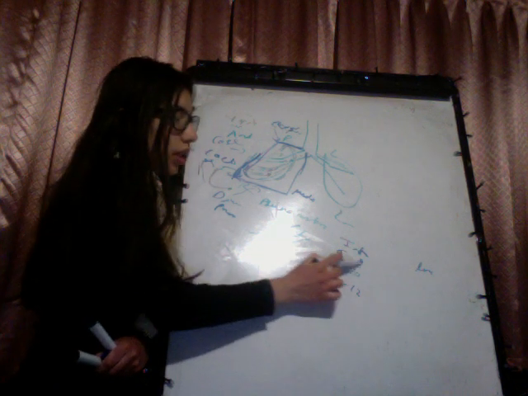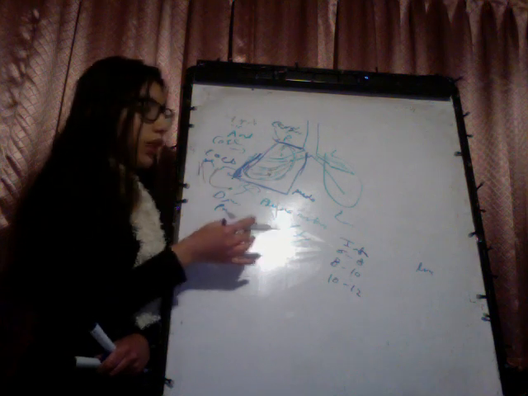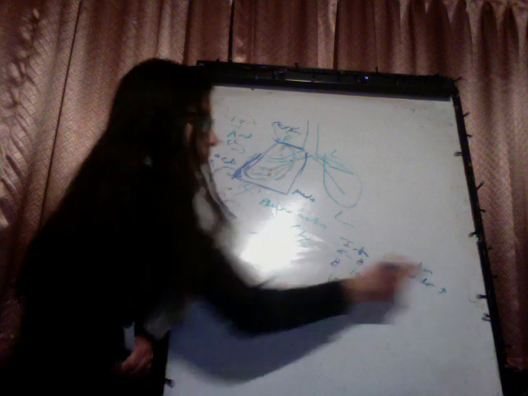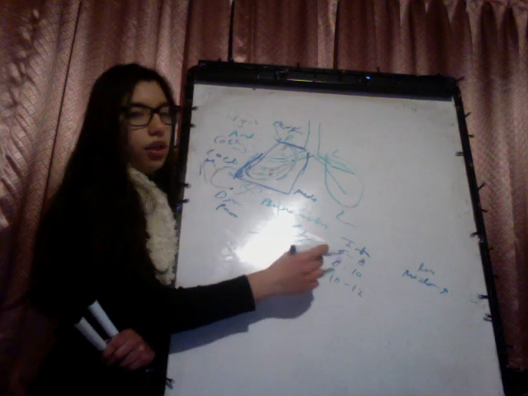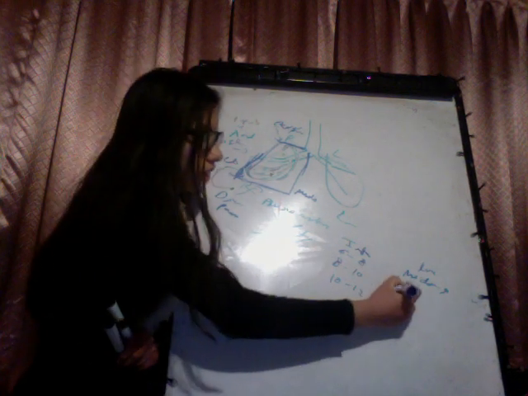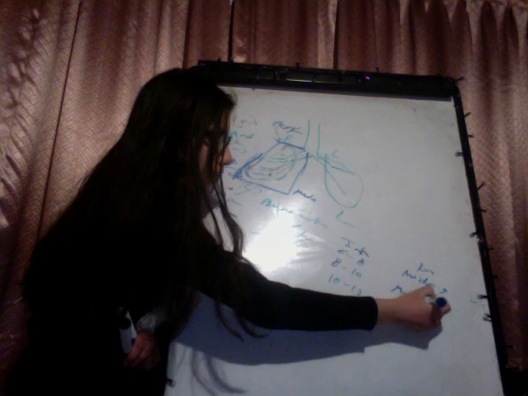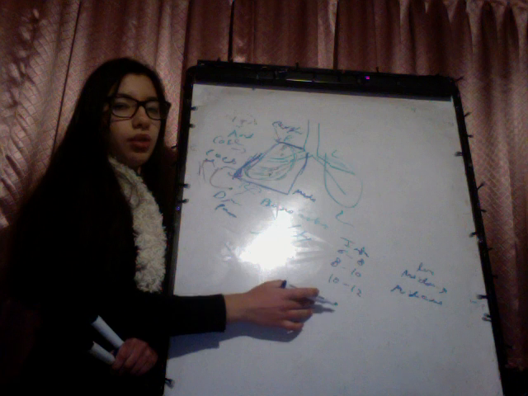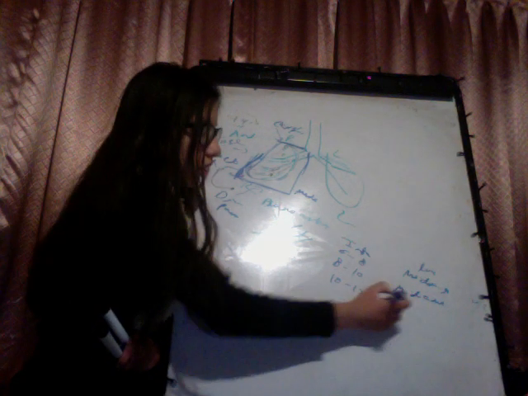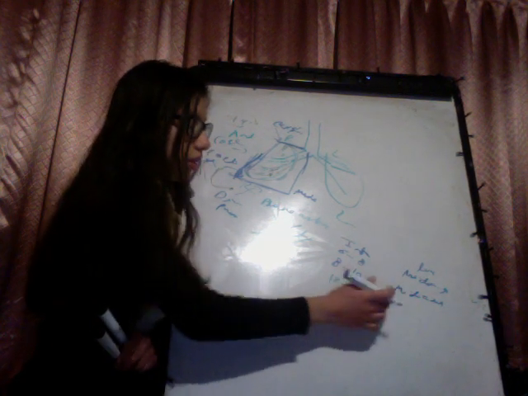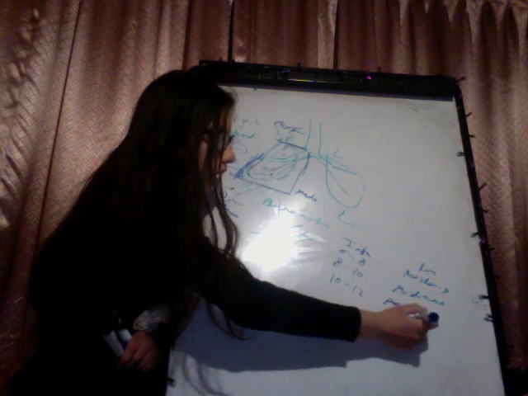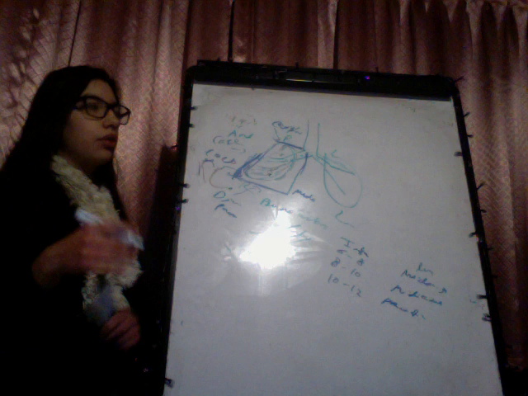Between the 6th and 8th intercostal space would be in the mid-clavicular line. Between the 8th and 10th intercostal space is in the mid-axillary line. And between the 10th and 12th intercostal spaces is in the paravertebral line, so it could be posterior.